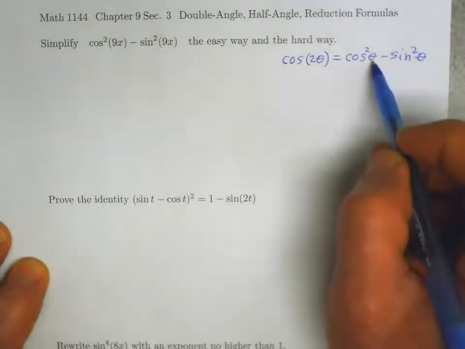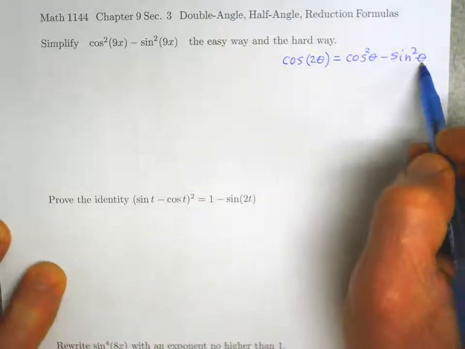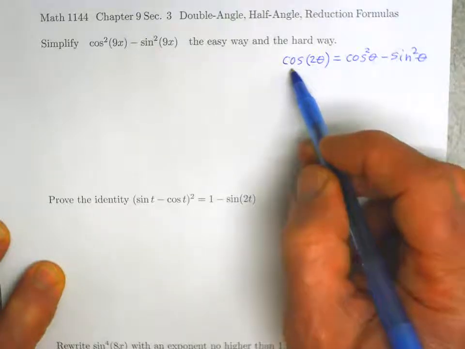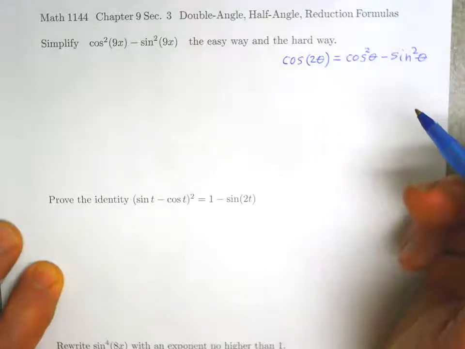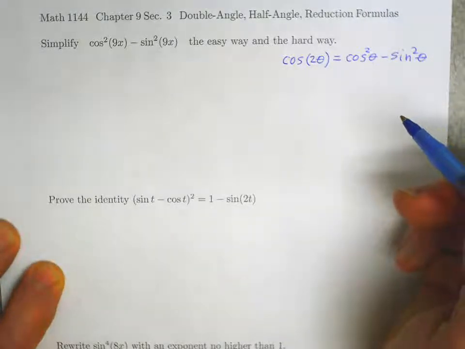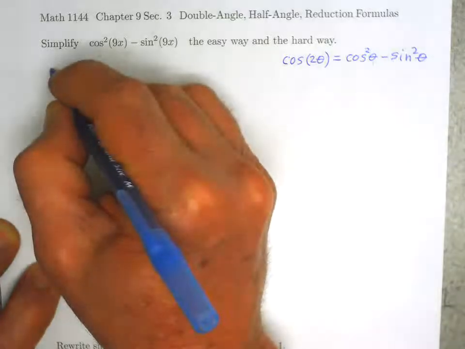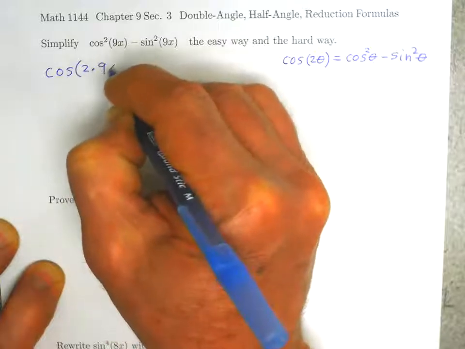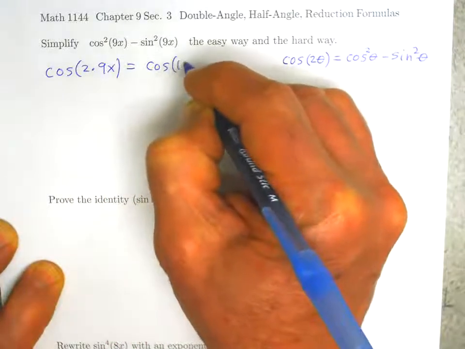So if we replace theta with 9x, then that means this will just be cosine of 2 times 9x. So cosine of 2 times 9x, or cosine of 18x.